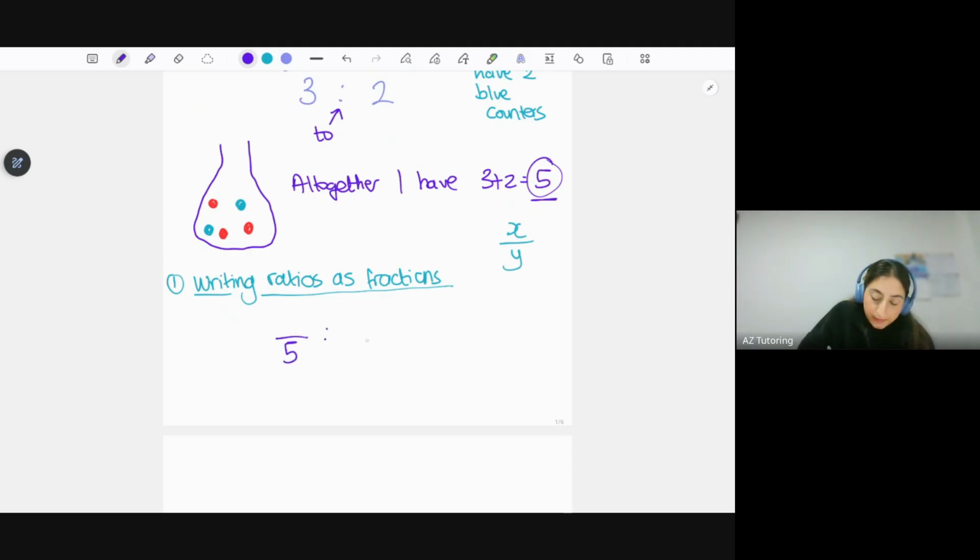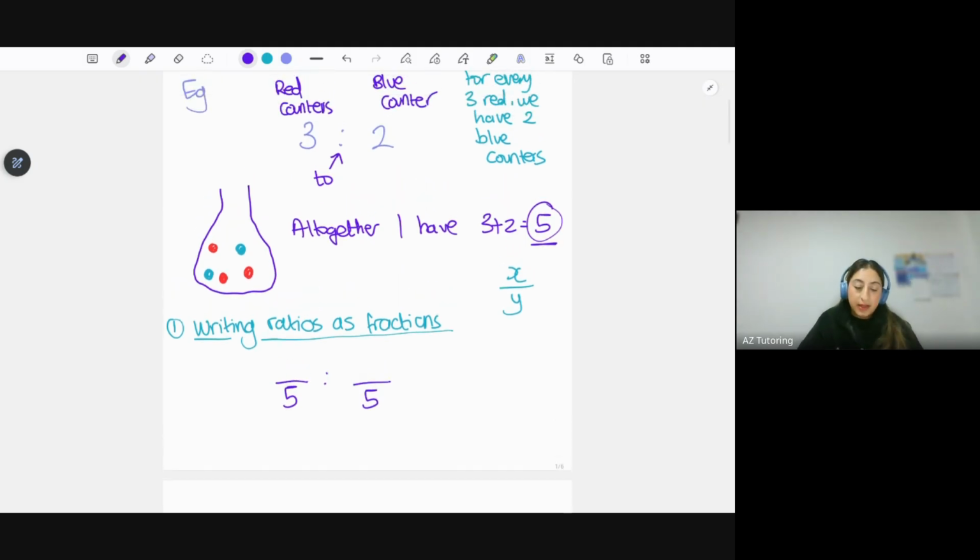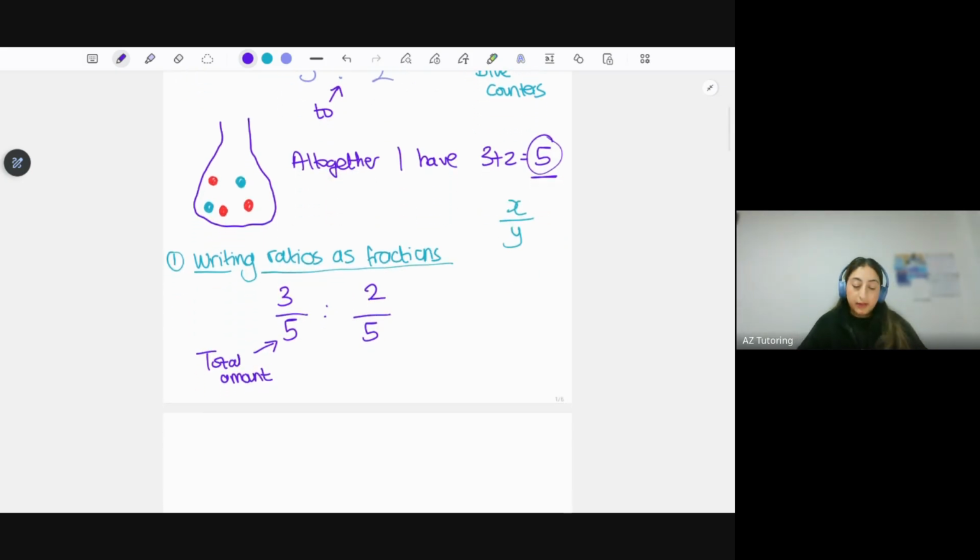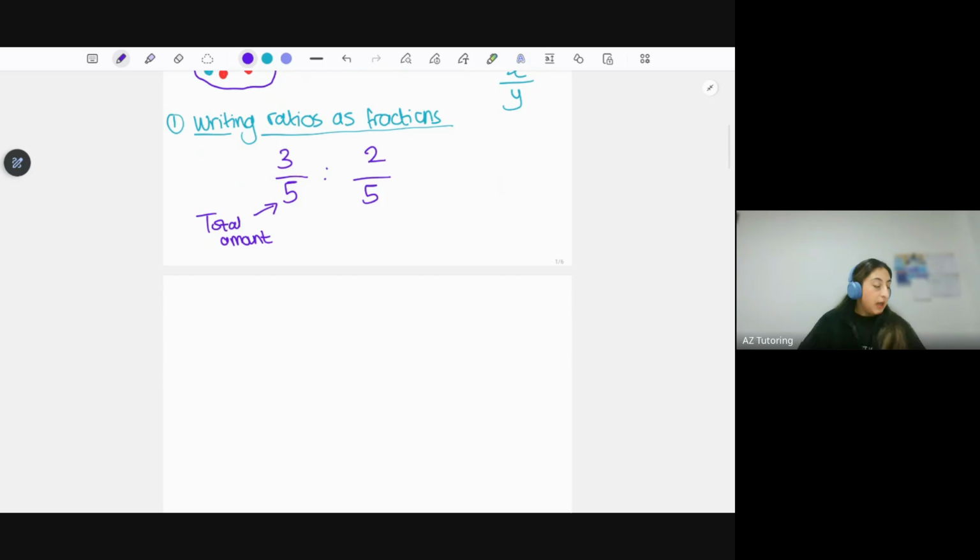So I'm going to put them as a ratio over 5 because that's the total amount, and we can see there's 3 red counters and 2 blue counters. Each time you write a ratio as a fraction, just make sure your denominator is the total amount of the ratio that you have, and the numerator is what each of them has. Okay, so that's writing ratios as fractions.